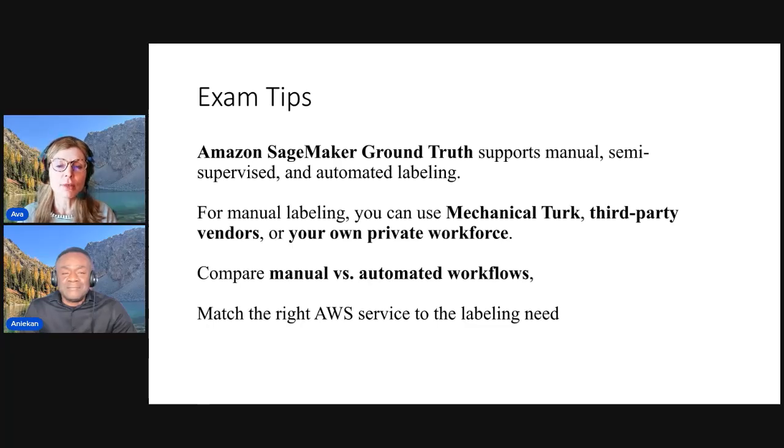This is when you're going to want to choose private workforce. That's exactly right. If you have sensitive data, you don't want just anybody seeing it. And also, the exam might have a question that tests your ability to match the right AWS service to the labeling needs.